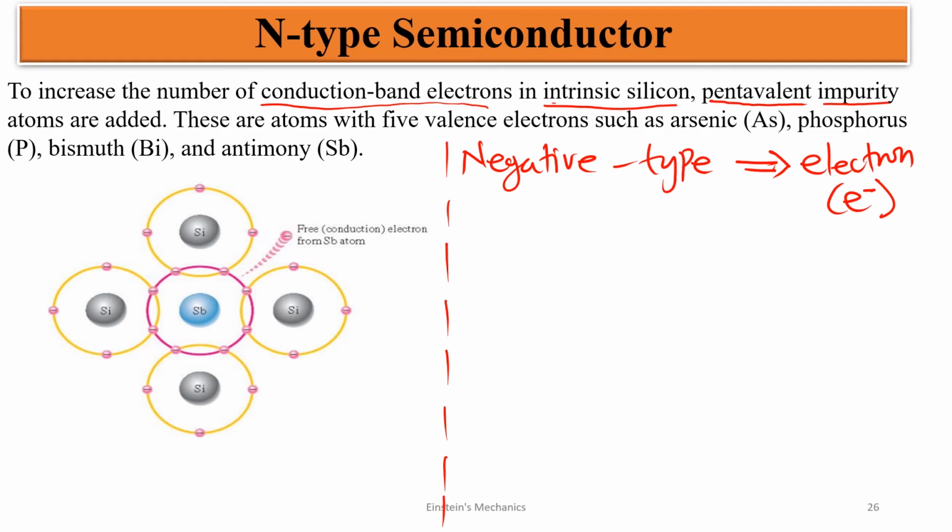So first, before you achieve the n-type, remember the n-type is what? A doped. It is being what? Doped by what? Impurity. So first you pick a pure silicon and you dope it with a pentavalent impurity or atom. And when we say pentavalent impurity, we are referring to atoms with 5 valence electrons.